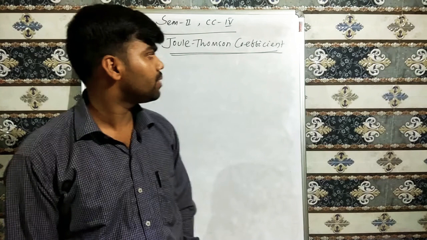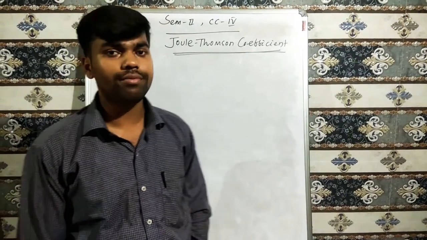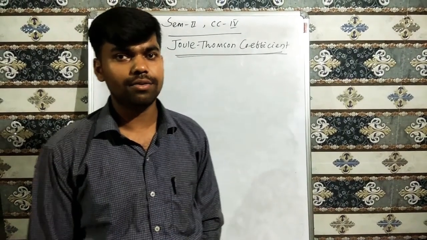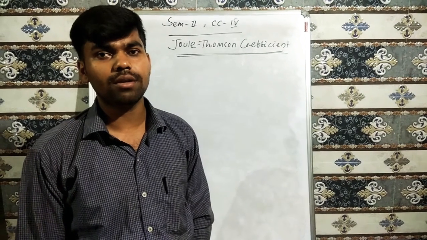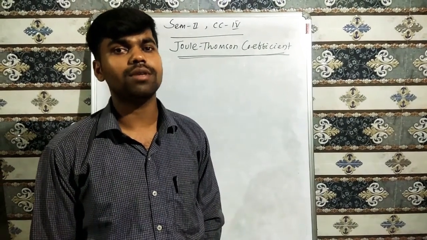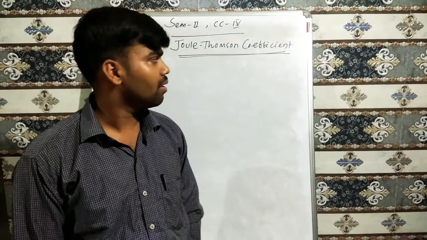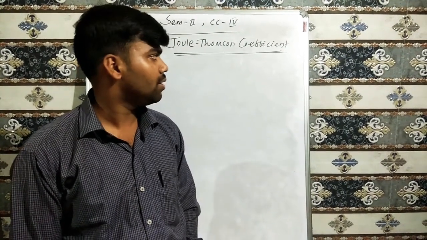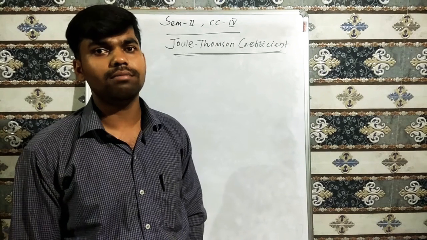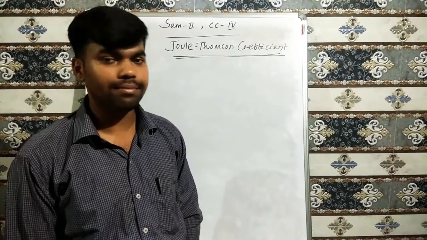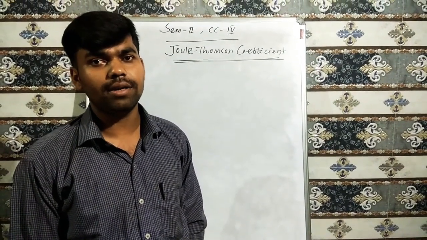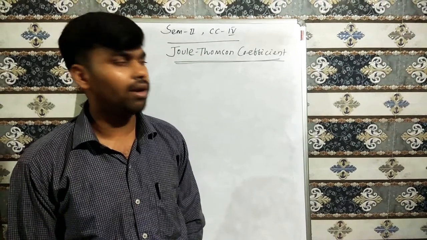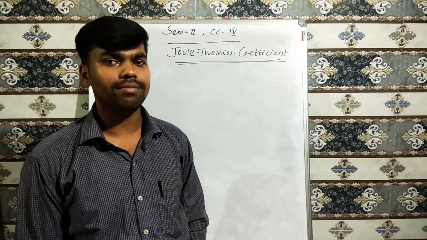Before going to the Joule-Thomson coefficient, we first have to know what the Joule-Thomson effect or Joule-Thomson expansion is. The effect by which a gas is expanded from higher pressure to lower pressure in adiabatic condition is called the Joule-Thomson effect.